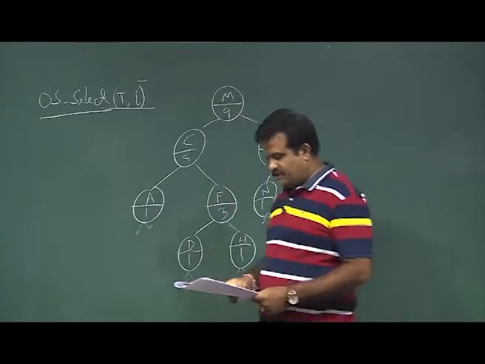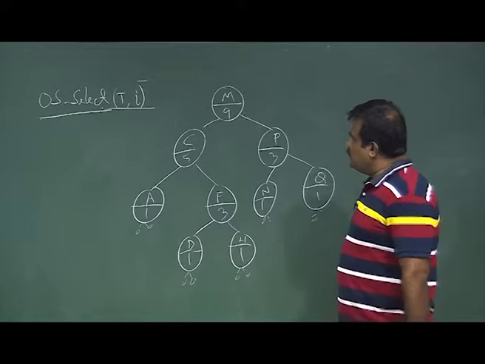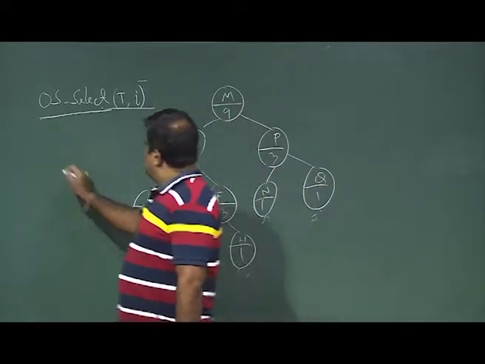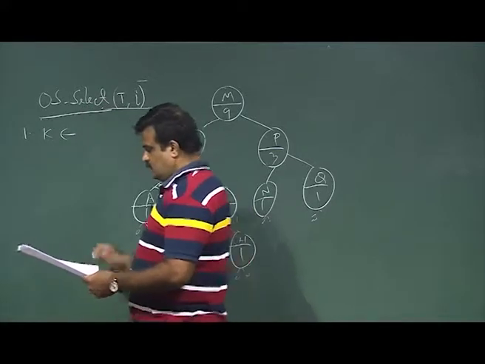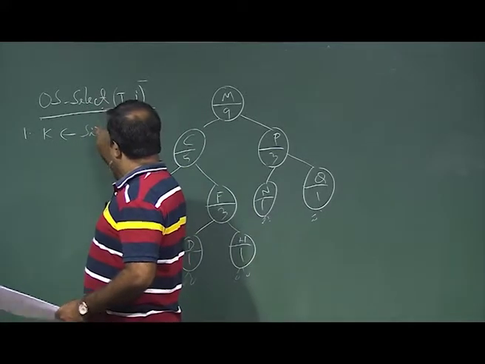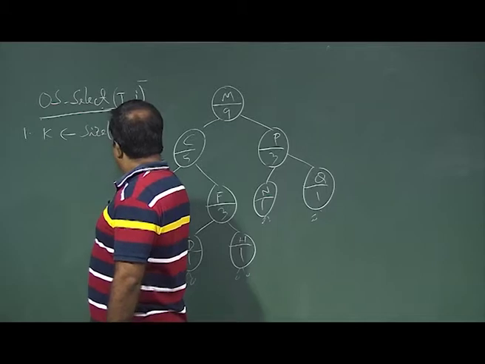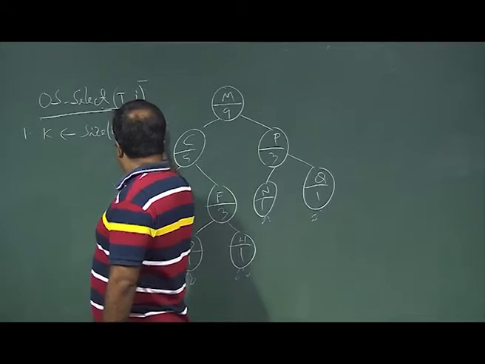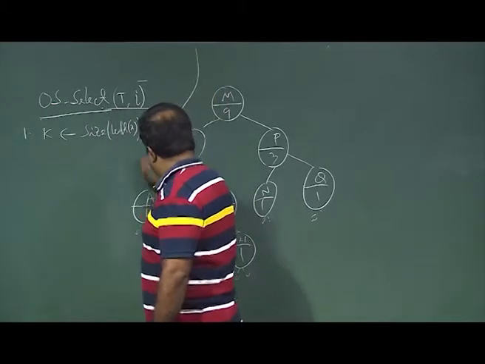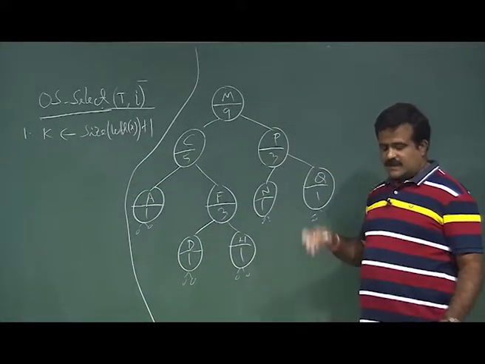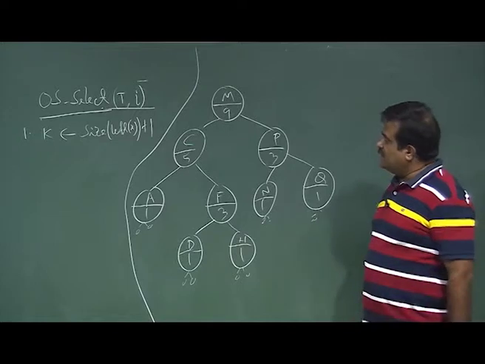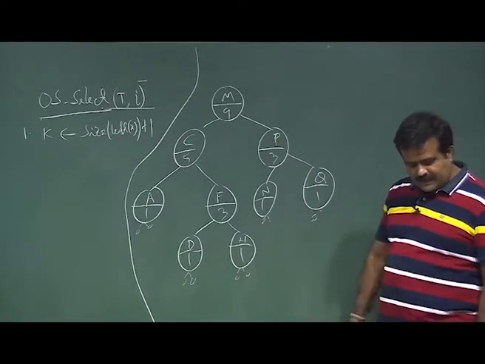So the ith smallest element. What do we do? Basically we start with this. If we write k is equal to size of left of x plus 1, can you tell me what is the meaning of this k?